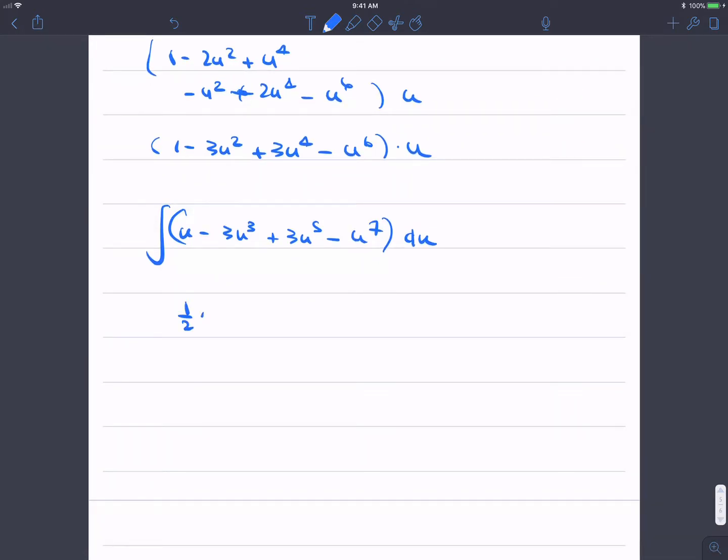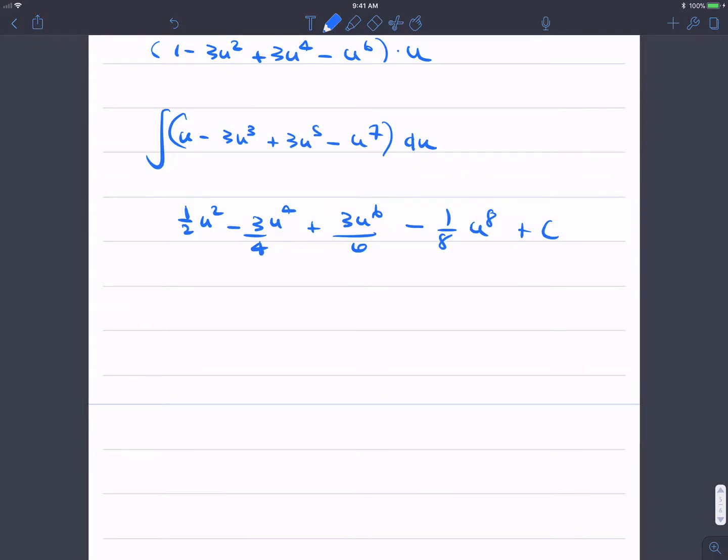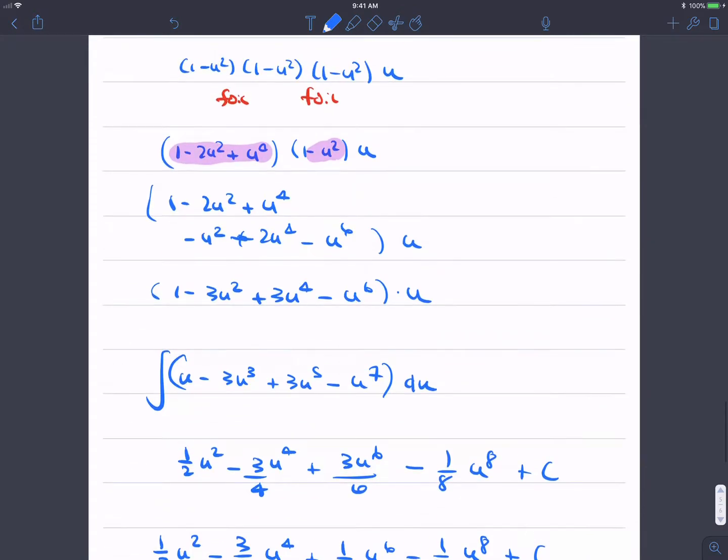We get now 1/2 u squared minus 3u to the fourth over 4 plus 3u to the sixth over 6 minus 1/8 u to the eighth plus my constant. So altogether, here's what we get. 1/2 u squared minus 3/4 u to the fourth plus 1/2 u to the sixth minus 1/8 u to the eighth plus your constant.